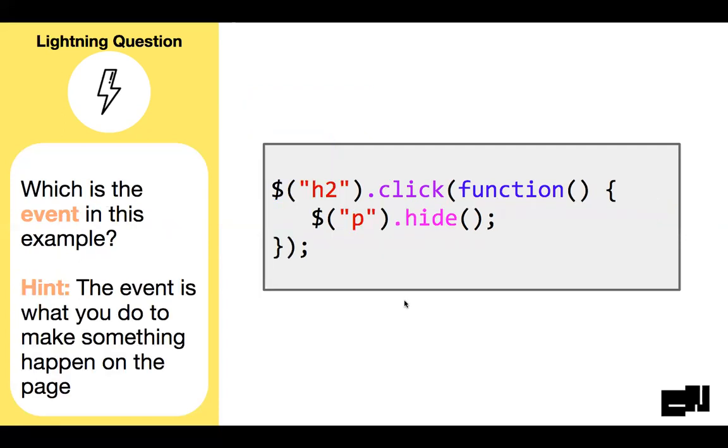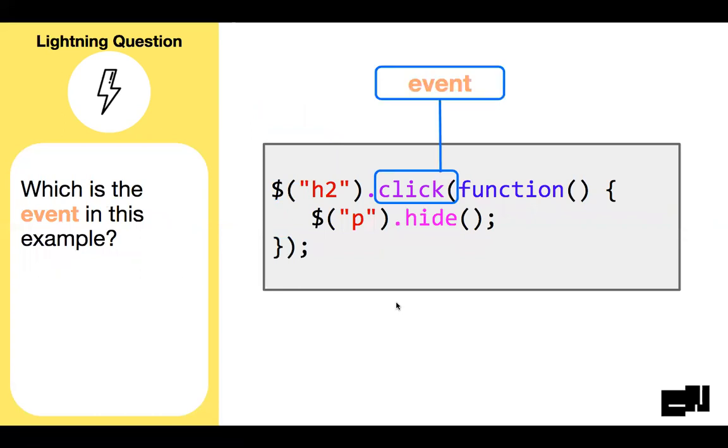Another lightning question, which is the event in this example? And just a hint, the event is what you do to make something happen on the page. It's what the user is doing. So what is the event on this page? The event is clicking, okay? So what is this jQuery code doing when the event happens, when somebody clicks?